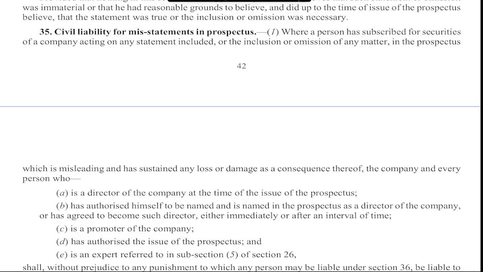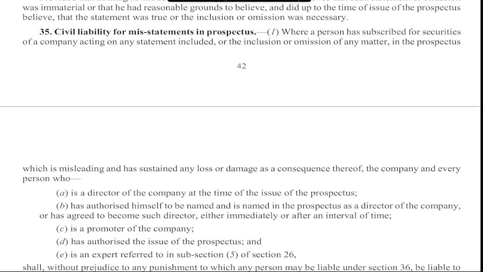What is the important word in the entire point there? Subscribe. Do you know what it means? If you buy from the stock market and incur loss, I am not responsible. Directly from the company, if you subscribe, then only the section gets attracted. In the brackets write down, like that only questions will come.